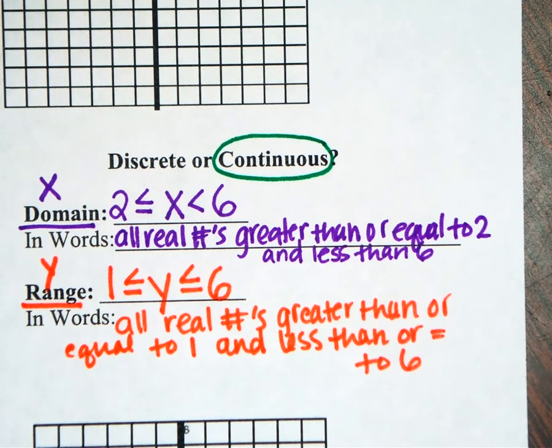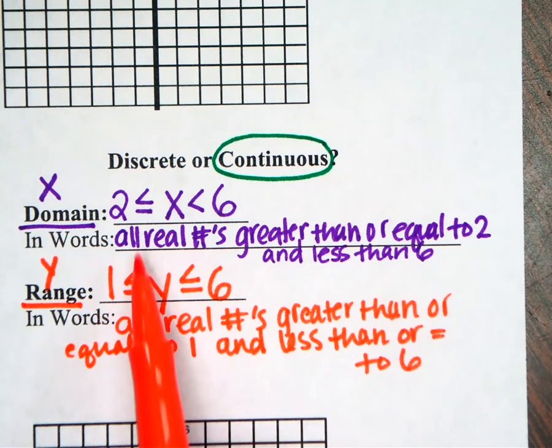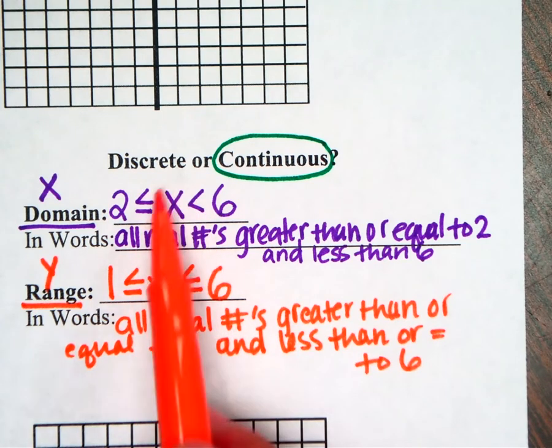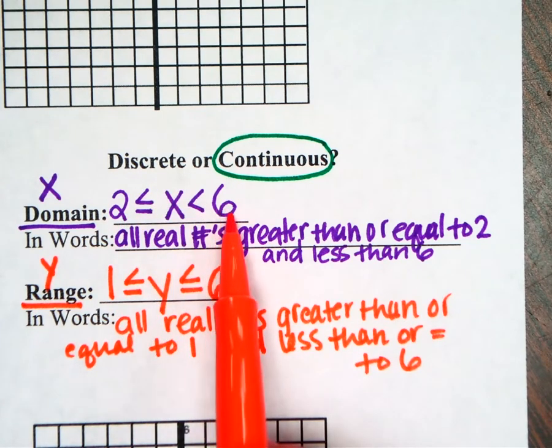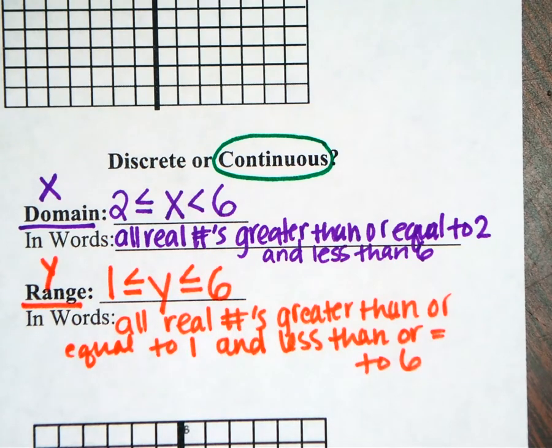But please remember, understand that when we are writing this in words, we're not using the same symbol that's listed here. I have to describe all the real numbers that are greater than or equal to 1 and less than or equal to 6. All the real numbers that are greater than or equal to 2 and less than 6. So understand how to read that and write that in words using all real numbers.